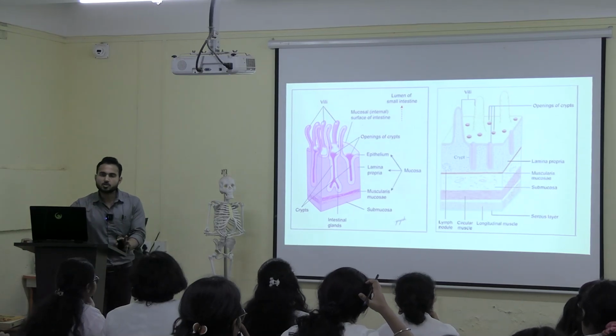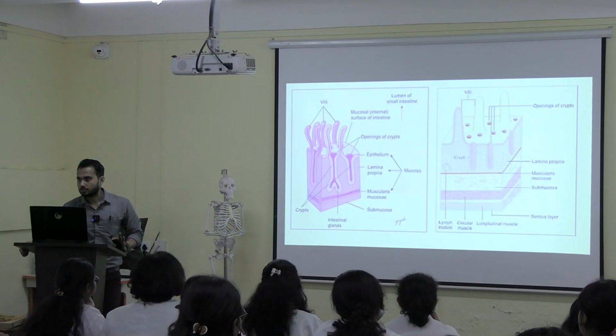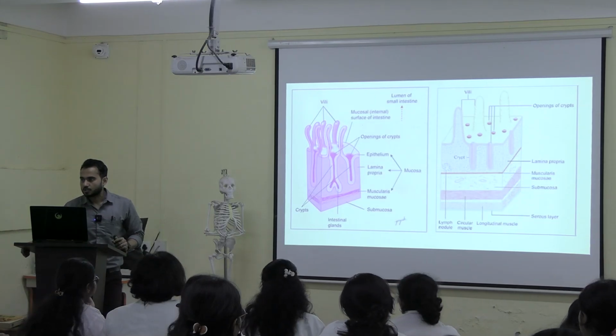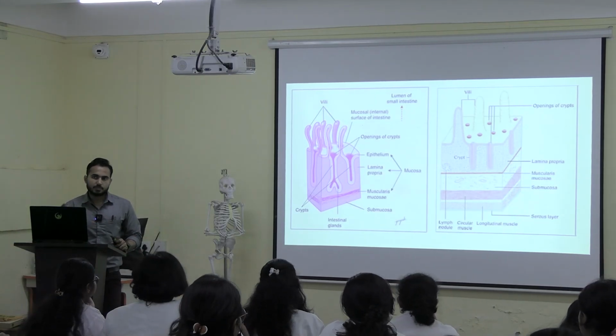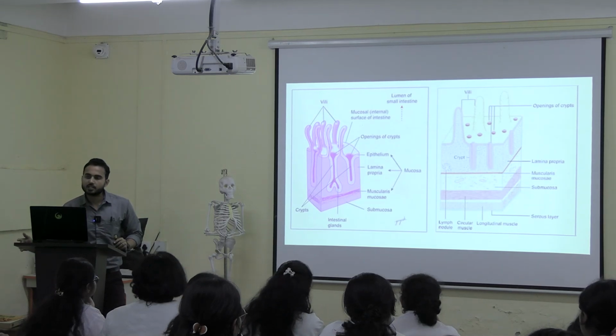What is the main function of those glands? They secrete bicarbonate ion. If you see the pH of that bicarbonate, it is more than 9. If it is more than 9, what will the substance be, acidic or alkaline? Alkaline. So why does it have to be alkaline?